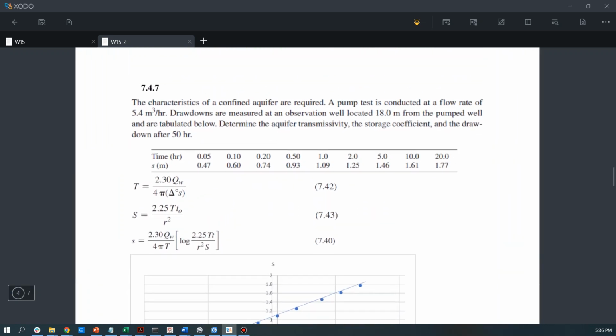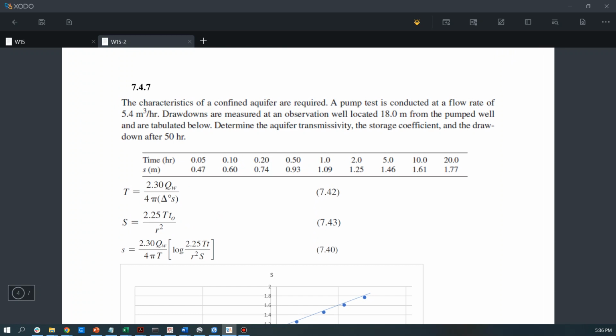In the next problem, we are trying to characterize an aquifer using field data. In the previous problem, the storage coefficient and the transmissivity were given, but here we have the measurements given and try to derive the aquifer characteristics.